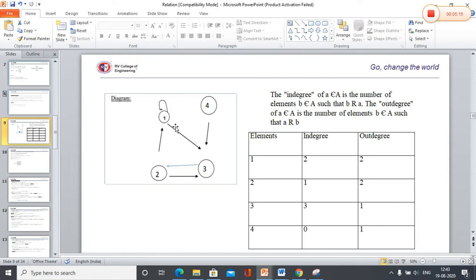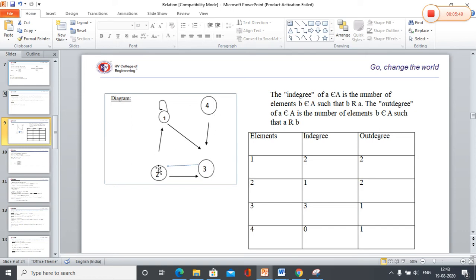Now 1 to 3 was there, so 1 to 3 we have to draw an edge, and 2 to 1 was an edge, 2 to 3 was an edge, 3 to 2 was an edge, and 4 to 3 was an edge. So like this we will draw the digraph. Now if a digraph is given, I have to write the relation in terms of ordered pairs. Because 1, 1 is there, I write the ordered pair 1, 1. 2, 1 I can write, then 2, 3, 3, 2, 1, 3, and 4, 3.